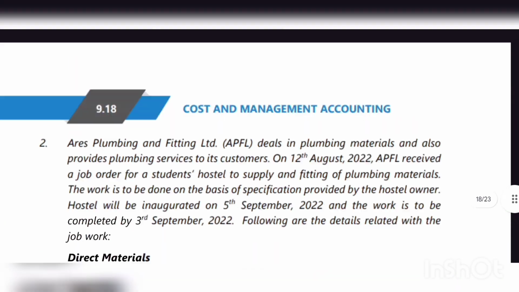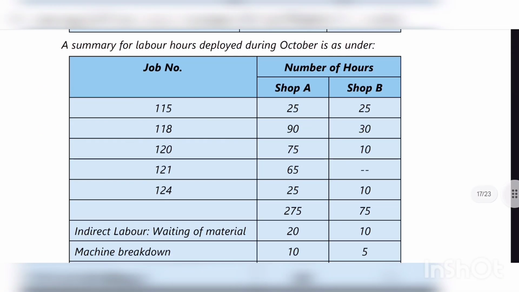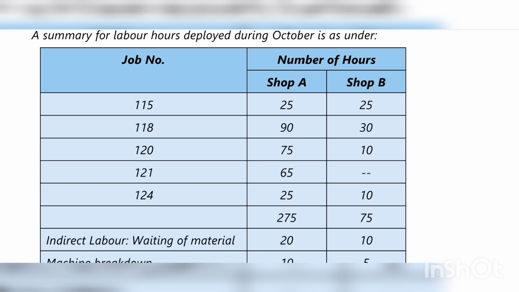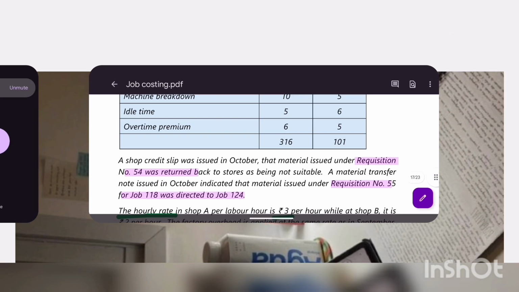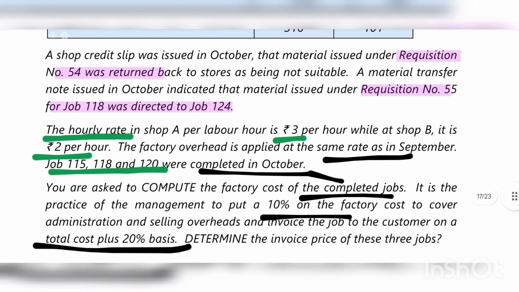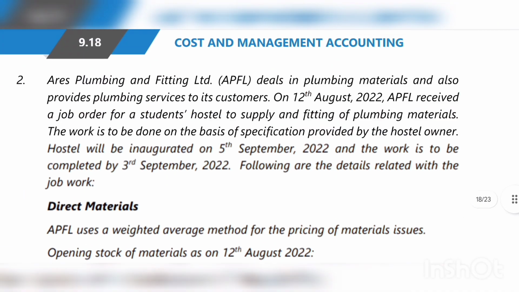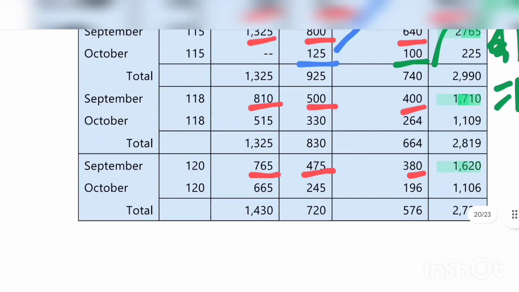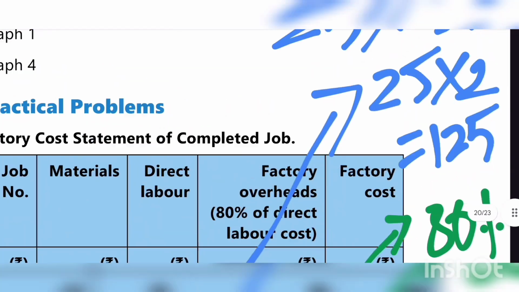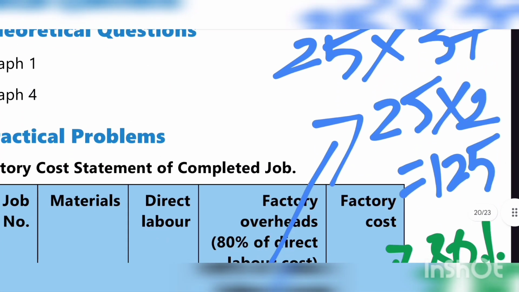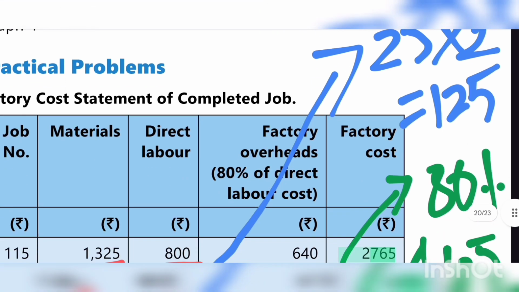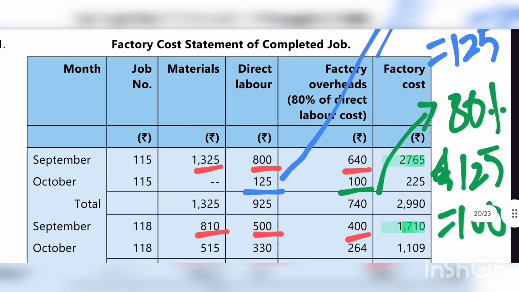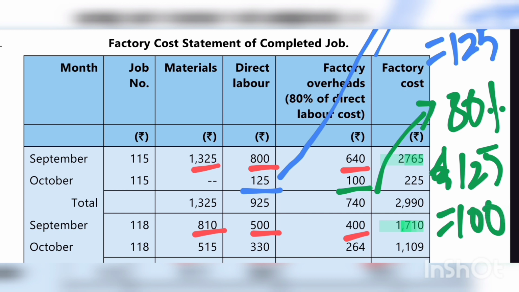hours incurred were, in the question they have given, 25 hours in shop A for job number 115 and 25 hours in shop B for job number 115, and they gave a per hour rate as 3 in shop A and 2 in shop B. So you have to multiply here, 25 into 3 and 25 into 2, which comes to 125, which is labor, and then factory overheads.